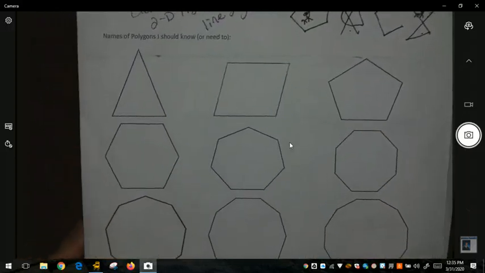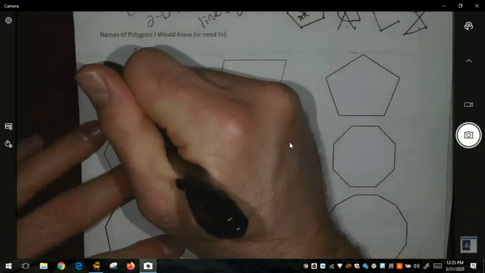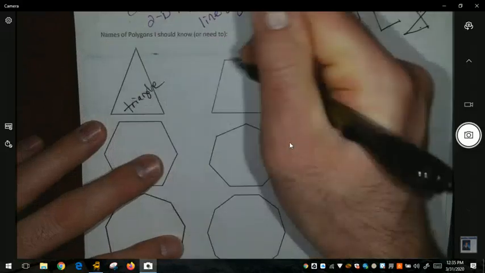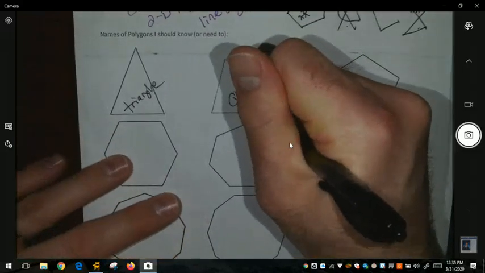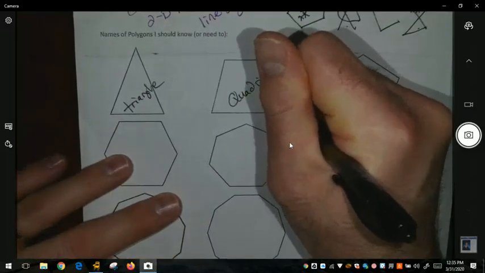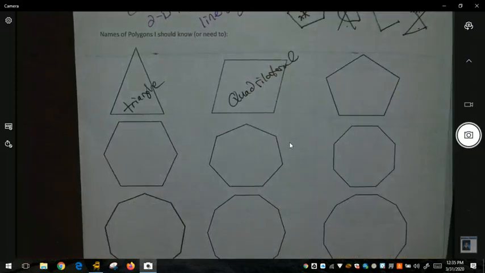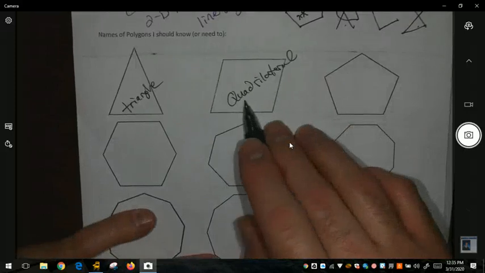Names of polygons that you should know from elementary: we have the triangle, the quadrilateral. Now that one looks like a parallelogram, but it is a quadrilateral. That's the basic name.